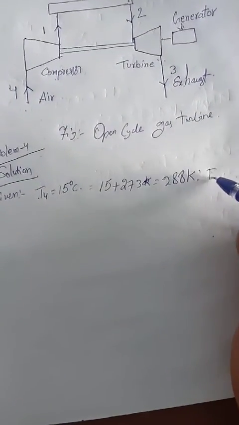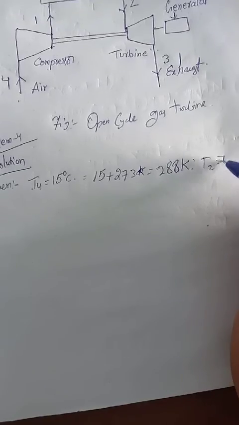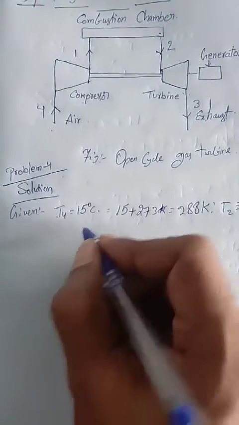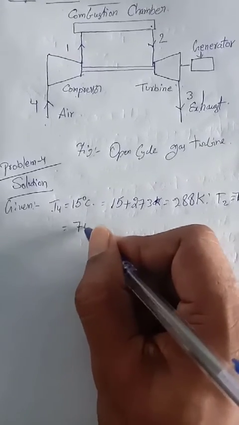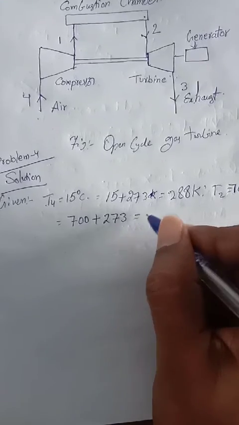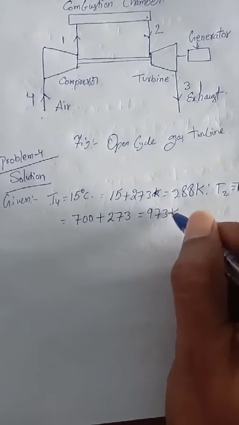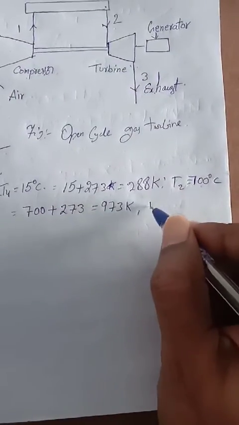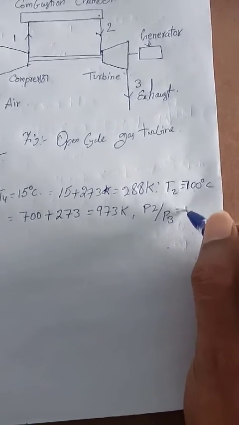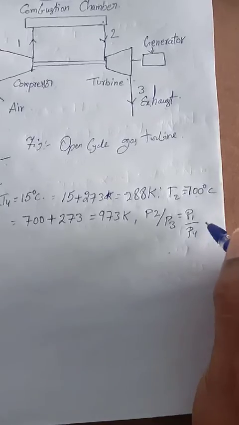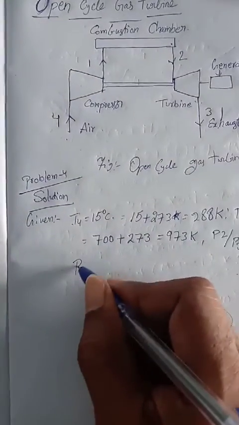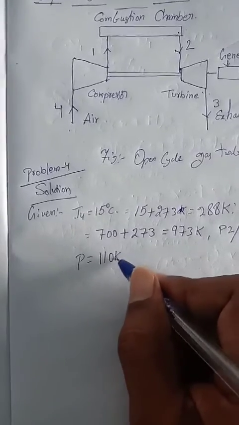Now T2 is equal to 700 degrees Celsius, that is 700 plus 273, so 973 kelvins. And then P2 by P3 is equal to P1 by P4, that is equal to 6. The total power is given as 1100 kilowatt.